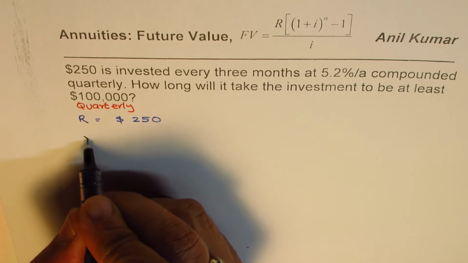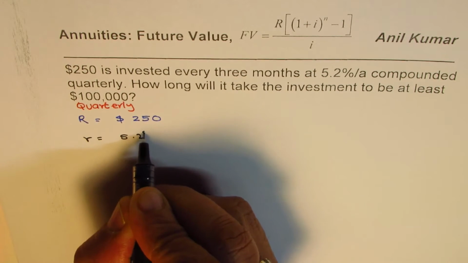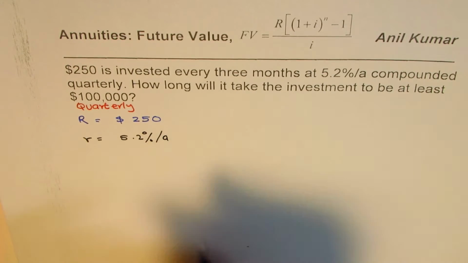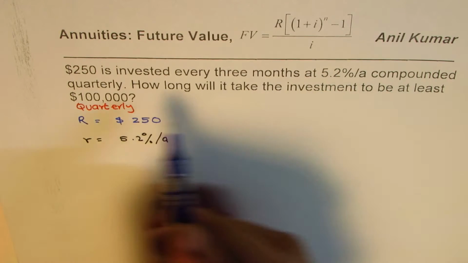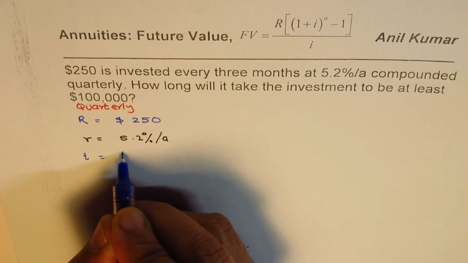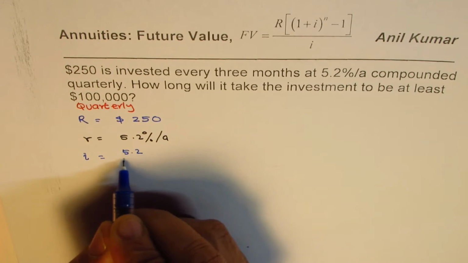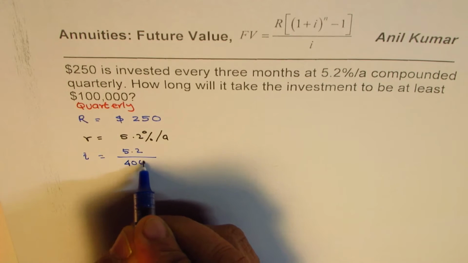Rate of interest R is equal to 5.2% per annum. Now you need to find the interest rate in the compounding period, compounded quarterly. So I will be equal to 5.2% means over 100, and quarterly means 4. So we have to divide by 400, correct?